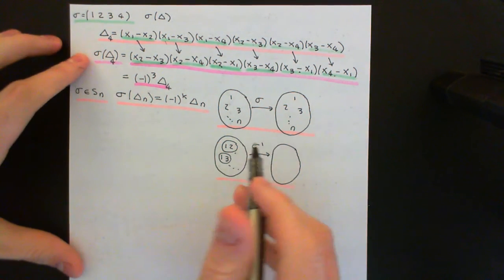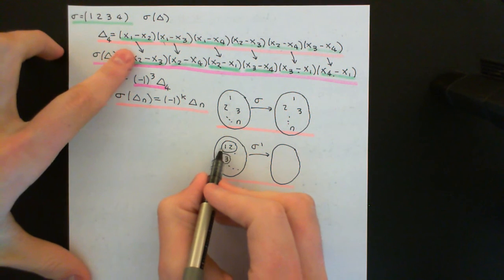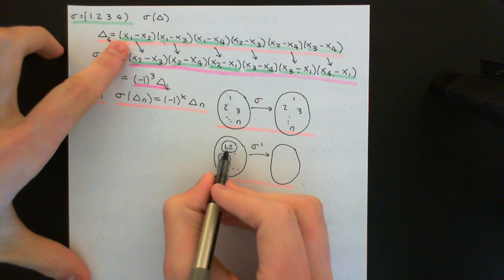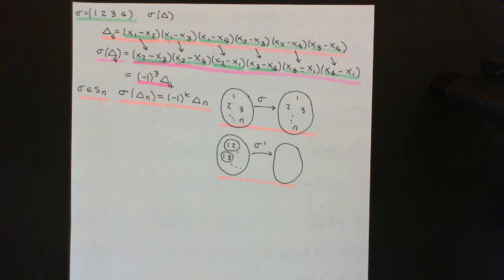Oh, and by the way, I do need to stress these pairs here, they have to be pairs that are not the same. So I'm not interested in 1, 1, those pairs. It's pairs of elements of the set 1 to n, where you are not interested in the pairs that contain the same element twice, and you're not interested in pairs that are just the same pair the opposite way around.